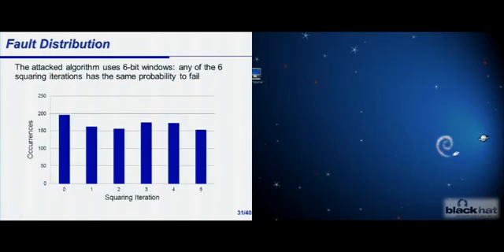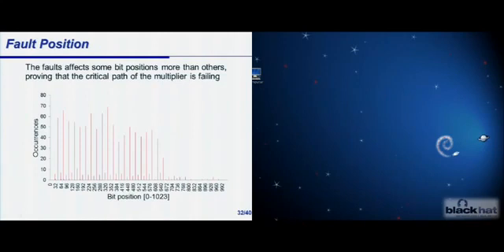By analyzing all the signatures we collected, we found that the faults were actually fairly equally distributed among all the 6 squaring iterations of the signature calculation. And then finally, we discovered this one thing, which after observing it, we could actually justify.